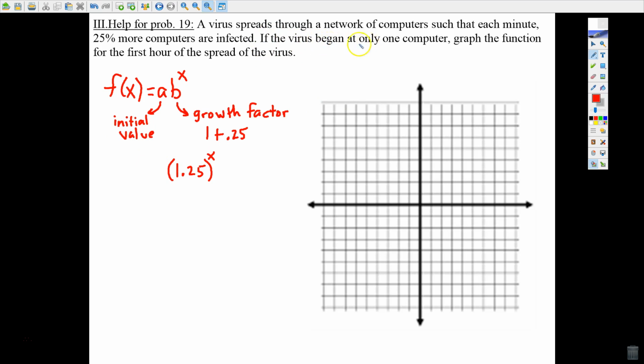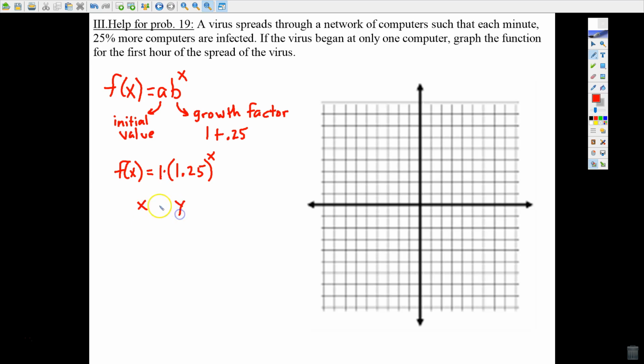And this virus began at only one computer, so we don't have to write 1 times, but I'll go ahead and do it. A in this case would be considered 1. Okay, so our function that we're going to be graphing is f of x equals 1, which you don't really need, times 1.25 to the x power. Okay, so we have our function, and so let's make our table.